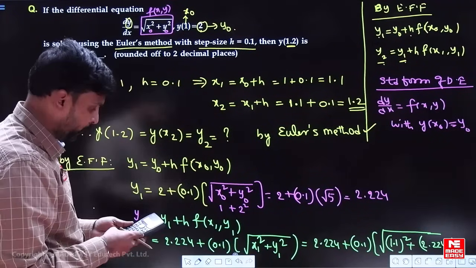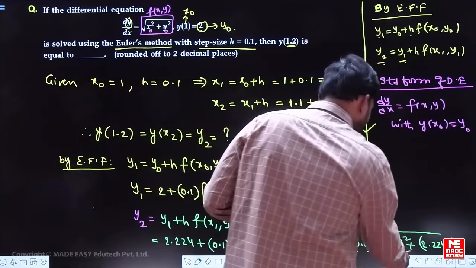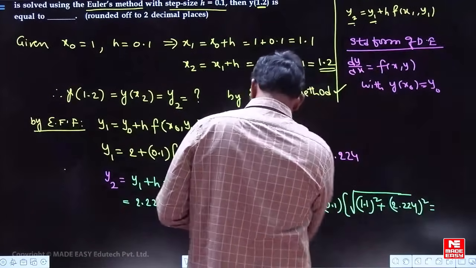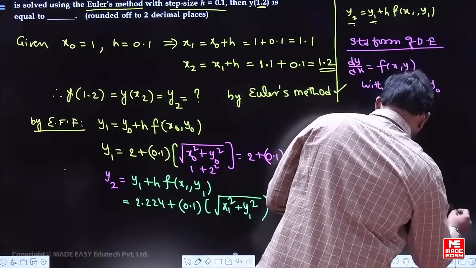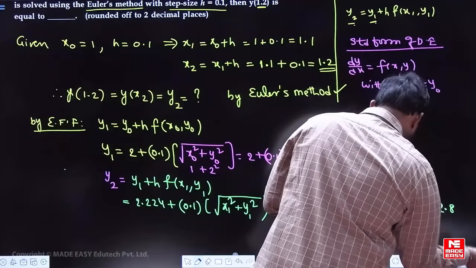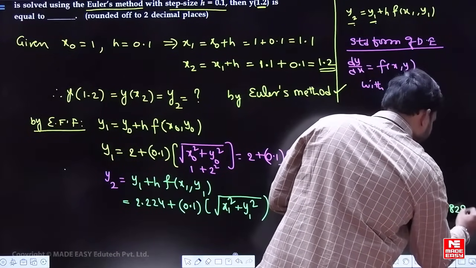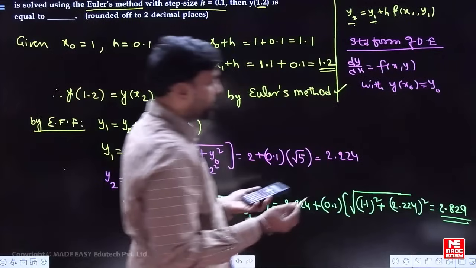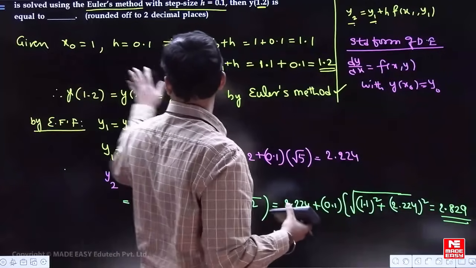You get around 2.828, which is 2.8286 up to 4 decimals.